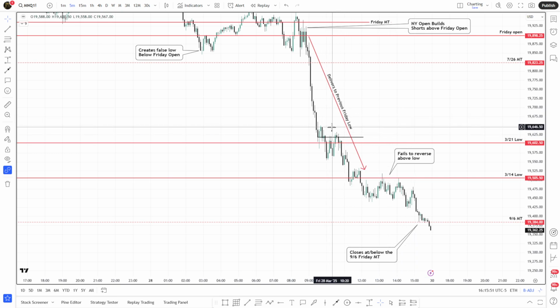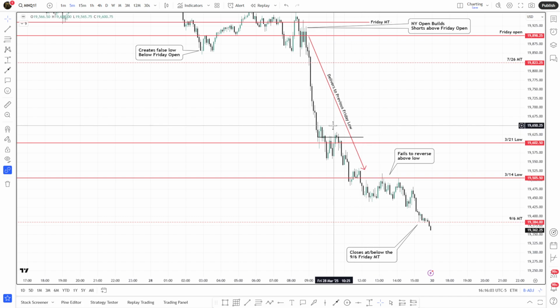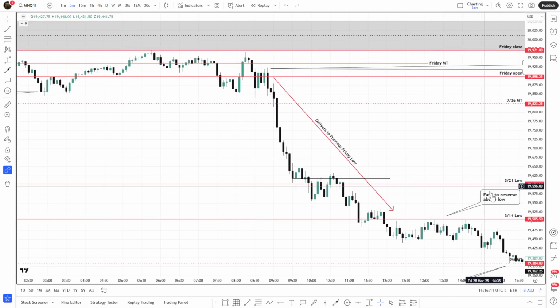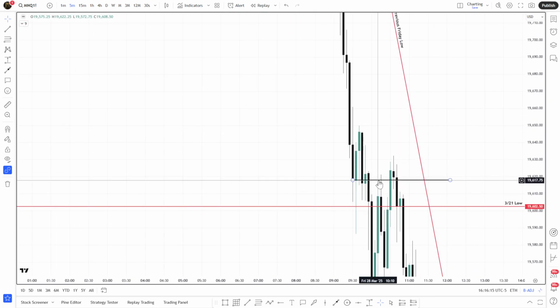Here's your entry into here, and here's your stop right above here. Okay, and if that's too much, because that's a 40-point range, then you can either lower your leverage, or you can stagger orders.